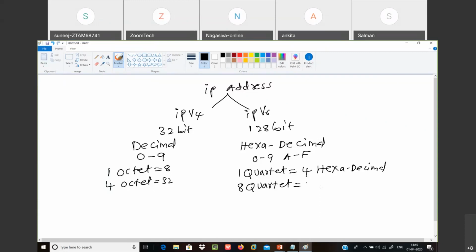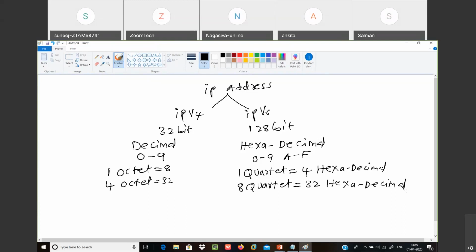One quartet is 4 hexadecimal numbers. So 8 quartets, how many hexadecimal numbers? 32. 32 hexadecimal numbers make an IPv6 address, arranged in 8 quartets.